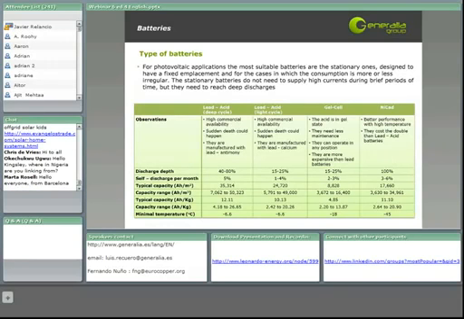If you check the discharge depth, the highest one is the nickel cadmium one that can get to 100% of depth of discharge. But the lead acid one also has quite a high depth of discharge, getting up to 80%.